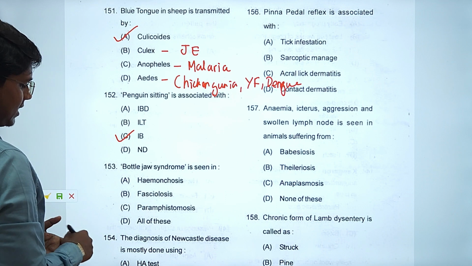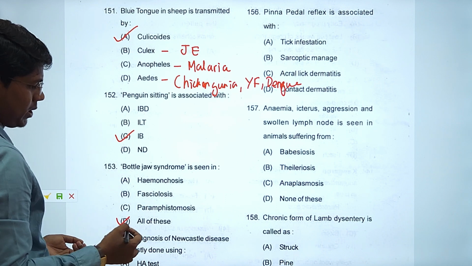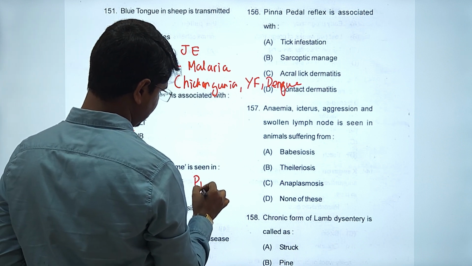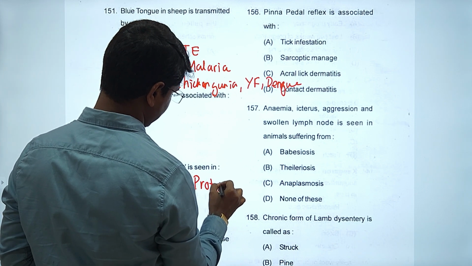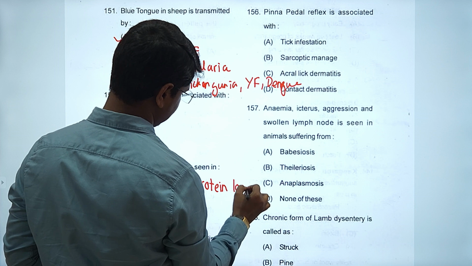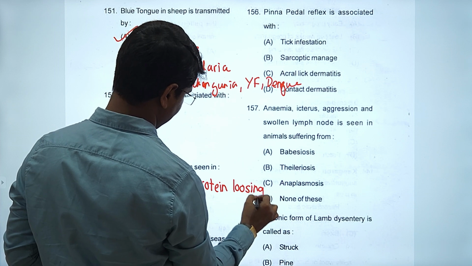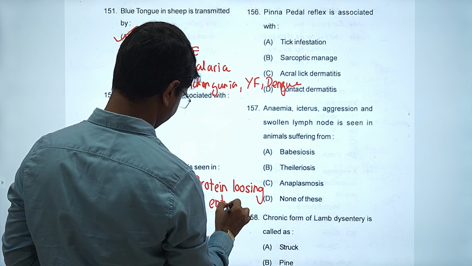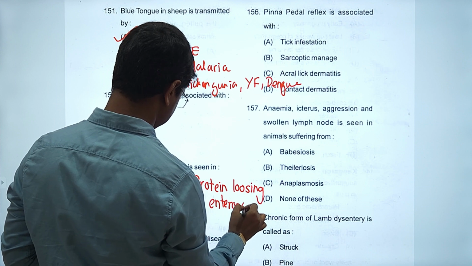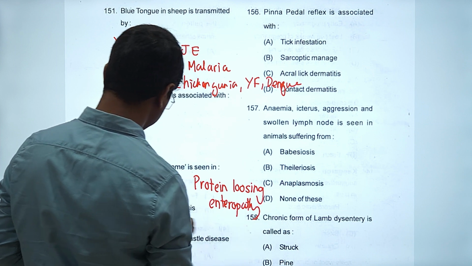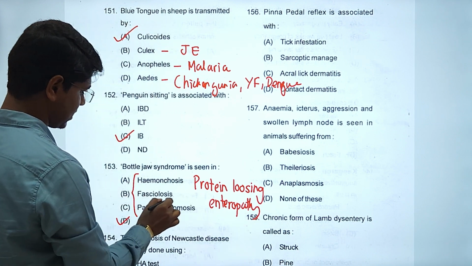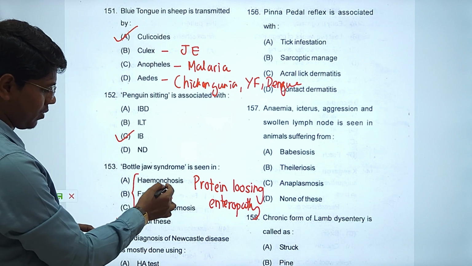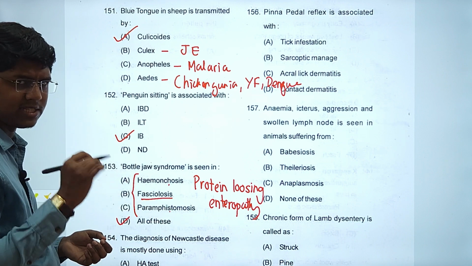Bottle-jaw syndrome occurs in all of these cases because of a phenomenon known as protein losing enteropathy. All of these organisms, except Fasciola, such as Haemonchus contortus, reside in the digestive tract.